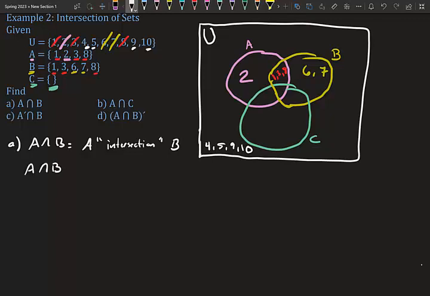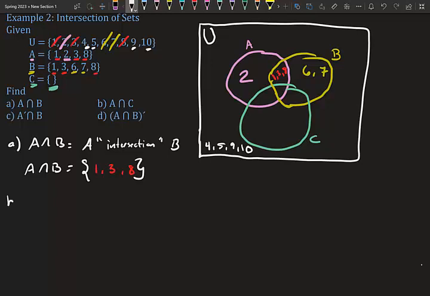So the intersection of A and B, those numbers are 1, 3, and 8. So where A and B meet is 1, 3, and 8. That's what they have in common. Do you notice when we crossed out the numbers in A and B or underlined them, the red, that's 1, 3, 8. That's what they have in common.